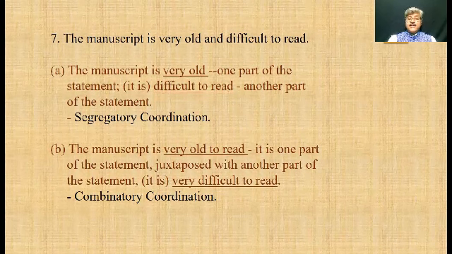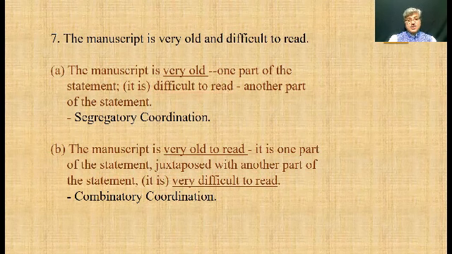The second meaning: the manuscript is very old to read. It is one part of the statement juxtaposed with another part of the statement. It is very difficult to read. Combinatory statement. The manuscript is very old to read and so it is very difficult to read.